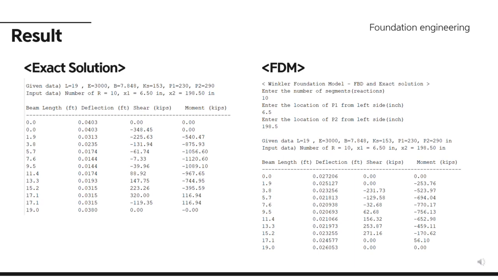Both were performed under the same conditions with key input values including total beam length L equals 19, elastic modulus E equals 3000 ksi, width B equals 7.848 inch, spring constant Ks equals 153, loads P1 equals 230, P2 equals 290, load positions 6.5 inch and 198.5 inch.